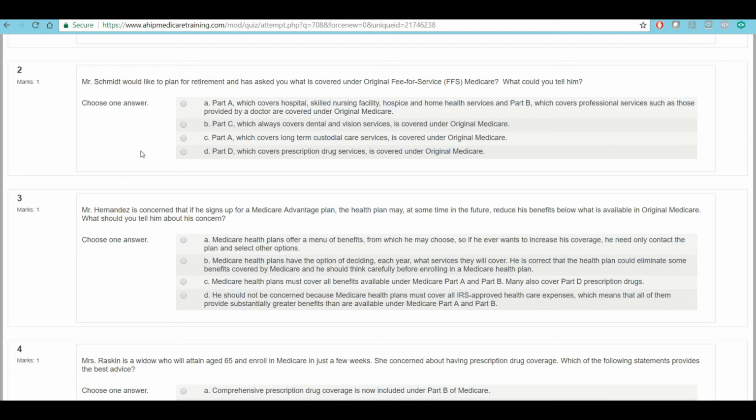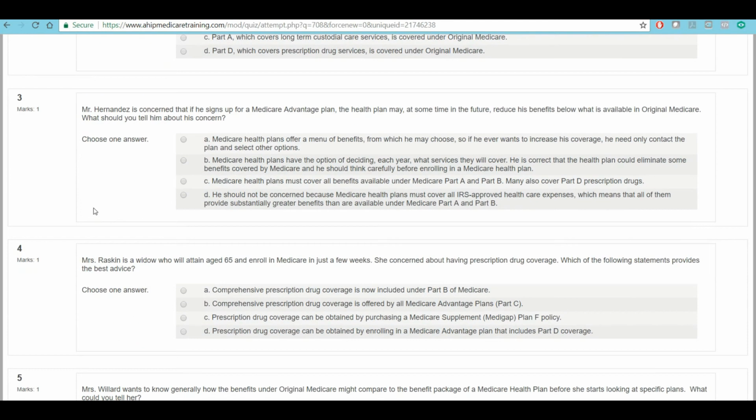No, they are looking for more coverage than that, which is the first answer we will check. And Part D, which covers prescription drugs. Well, that's just isolating Part D, and that is not a fee-for-service plan. So there we are. That's the right answer.